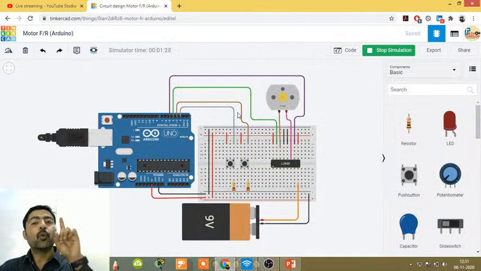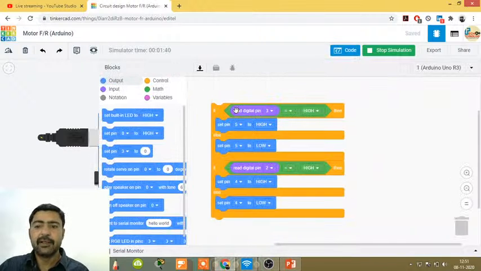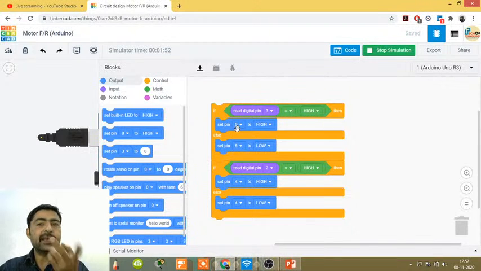At a time, one needs to be high and the other will remain low. So we need to keep this combination, one high, another low. When the digital pin 3, which is connected to a switch, is high, set pin number 5, which is the output pin of Arduino, high. So motor will be running, let's say, in clockwise direction.